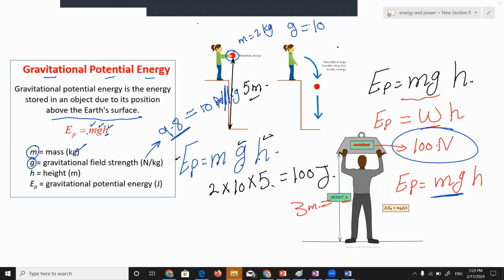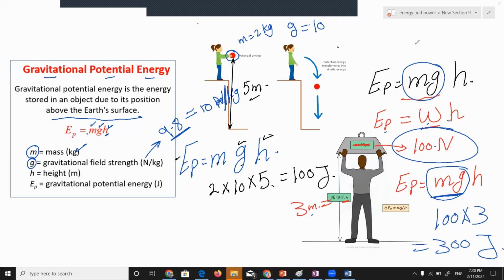So I'm just going to remove mg and put the weight, 100, times the height, 3. So this is equal to 300 joule. You can use the weight directly to figure out the gravitational potential energy, because mg stands for weight. So if you have the weight, you can use it directly.